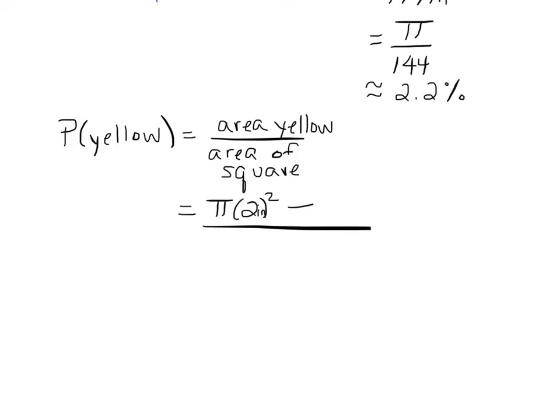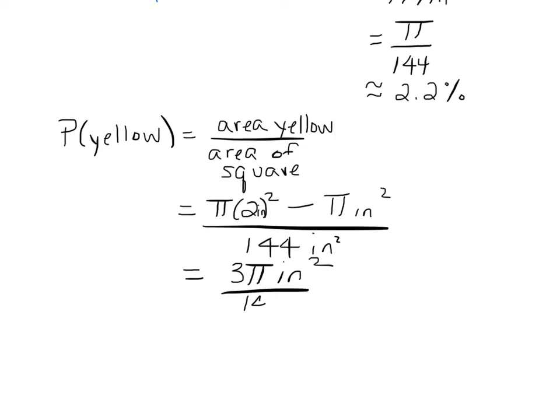And we have to subtract off that area of the blue, which I know was just pi inches squared. So we end up with 4 pi minus pi. I get 3 pi inches squared over 144 inches squared.